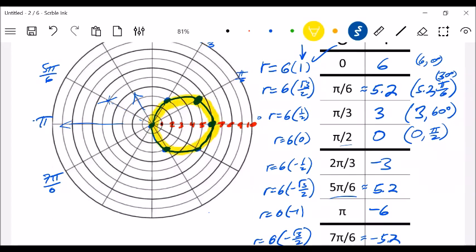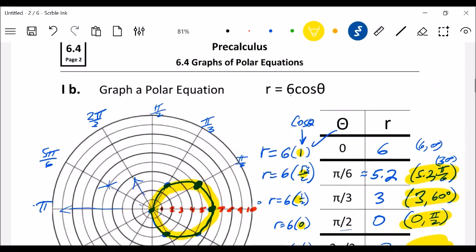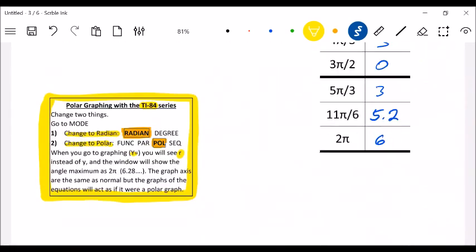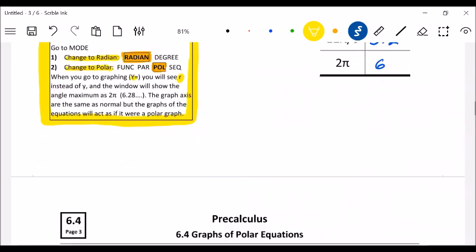And we did graph it because in each case we put the cosine amount multiplied by 6 so that we got the polar coordinates that we needed. And I could have done that with the others, but you have the idea here. So that's the graph of this particular 6 times the cosine of theta. And you could see it if you set this up right in the calculator too.